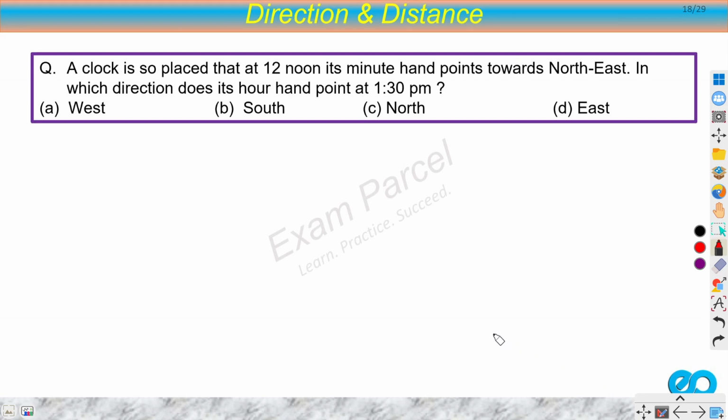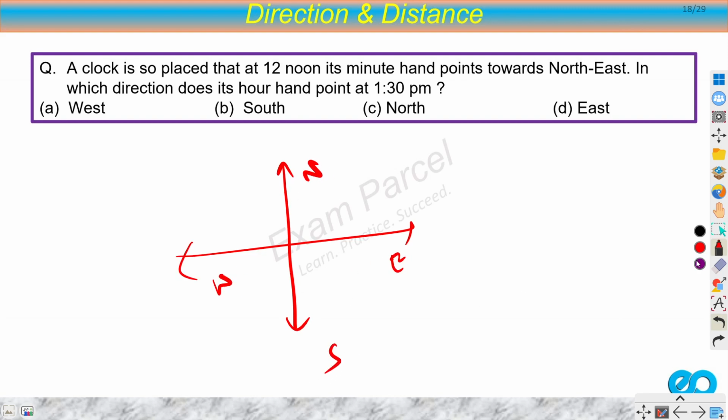A clock is so placed that at 12 noon its minute hand points towards northeast. In which direction does its hour hand point at 1:30 p.m.? Okay, so let's put directions: east, west, north, south. Now there is a clock, but ideally 12 should be here, but 12 is not at this position, rather at this position. At 12 noon, its minute hand points towards northeast. So for the clock, 12 is here.